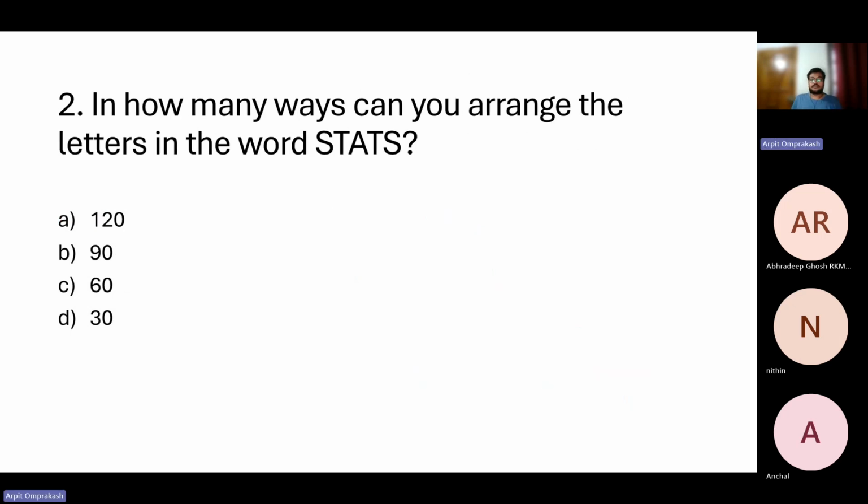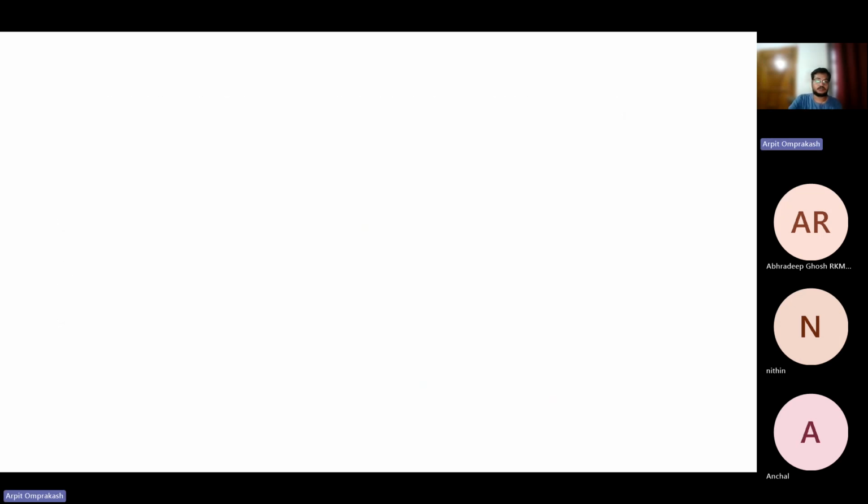The next question is, in how many ways can you arrange the letters in the word stats? In general, when we have problems like this, if we are talking about arranging a few letters, for example, let's say we have A, B, C, D, E, and we want to figure out how many different ways we can arrange these letters.